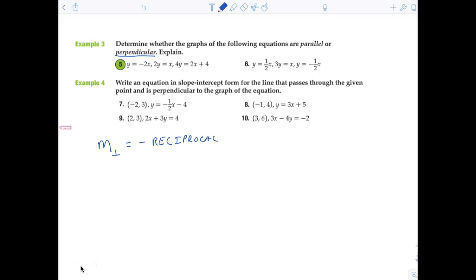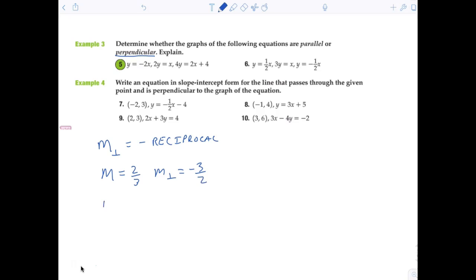That means this. If the slope is equal to 2/3, the slope of the perpendicular would be what? Flip it over, but negative. Opposite signs. Perpendicular slopes are always opposite signs. So that would be negative 3/2.